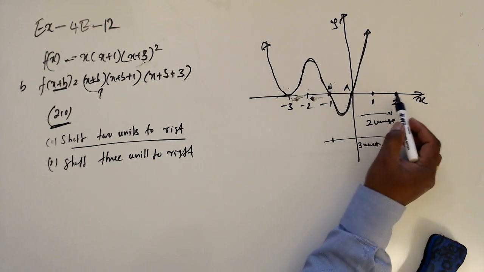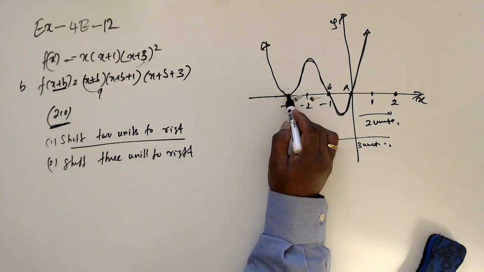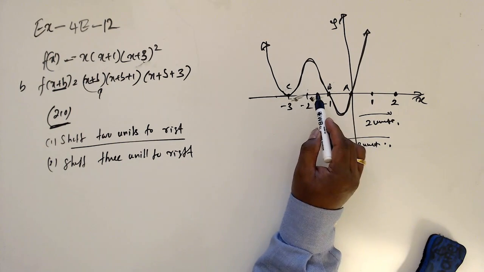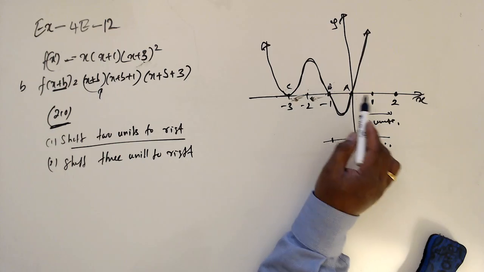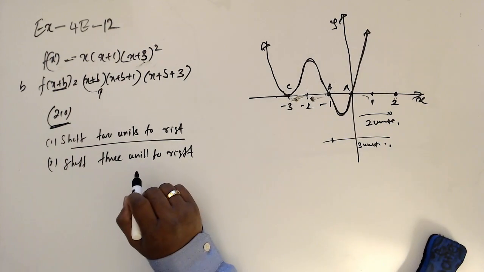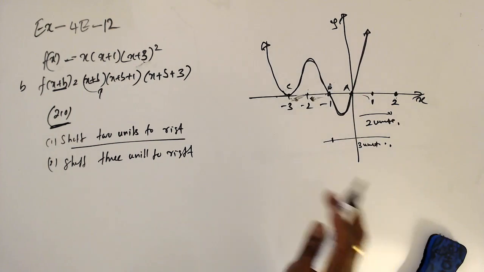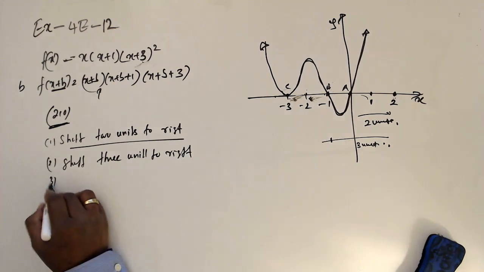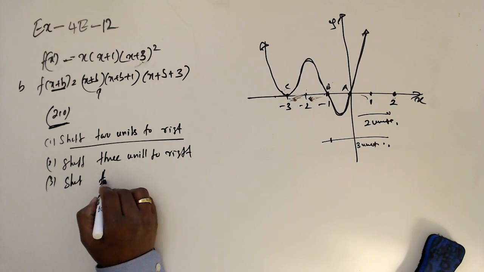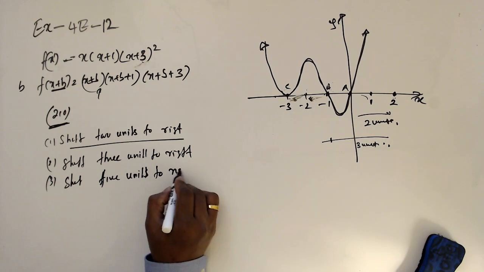Still this curve goes through (2, 0). Now the other option is this third point: if I shift 1, 2, 3, 4, 5, still it will go through (2, 0). So shift this curve 5 units. Third option, shift 5 units to the right.